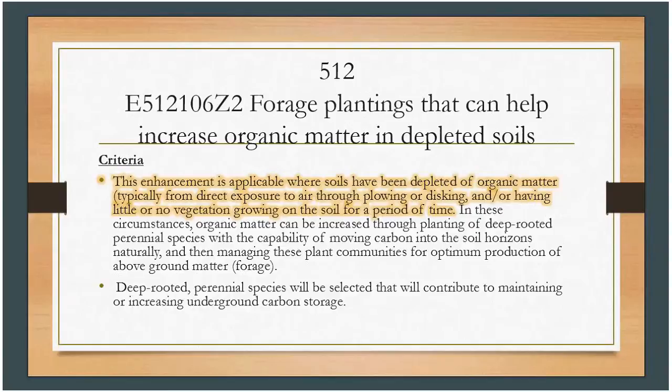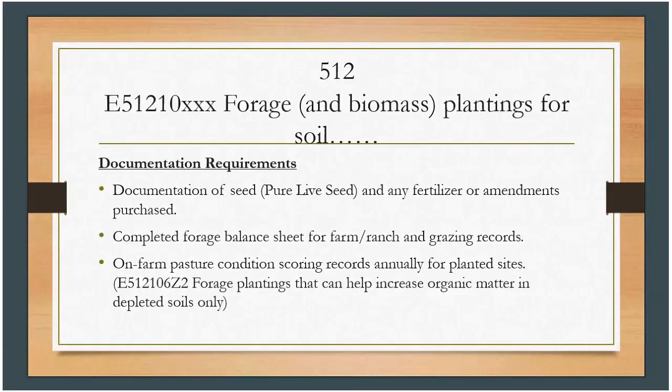So if there's a pasture or a part of a pasture, because remember these were applicable on pasture lands, that has been particularly abused over a period of time that has resulted in a depletion of soil organic matter, this is your enhancement to fix that. It's a pretty specific set of circumstances.